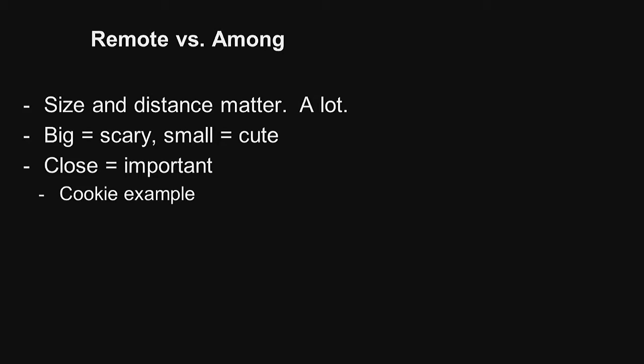It has nothing to do with the story. It happens to be just part of the set. But they tracked what people were looking at, and they spent a lot of time looking at the cookie, and they wanted to know why the cookie was there. There's no reason, but because it was nearby them in the story, they got all focused on it. So if you put any objects near the user, they're going to assume they're important, and they're going to try to do something with them.